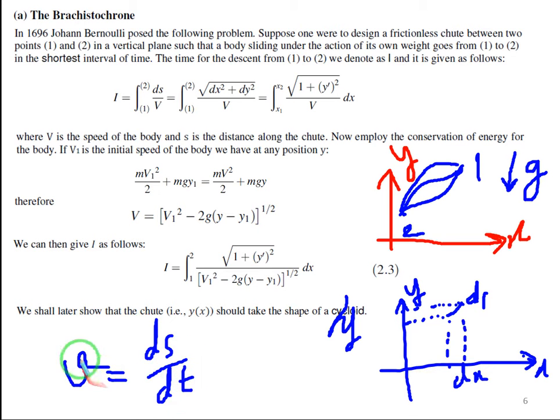This is the absolute velocity of the point. From this formula, we can say that dt equals ds over v. And if we want to find the total time, we should integrate these equations from point 1 to point 2.